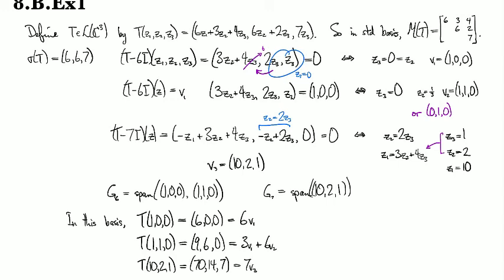And so taking this data to recover what the matrix looks like in this basis, the first column is 6, 0, 0, and the next column is 3, 6, 0, and the last column is 0, 0, 7.